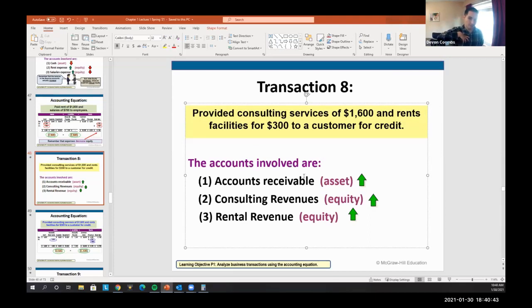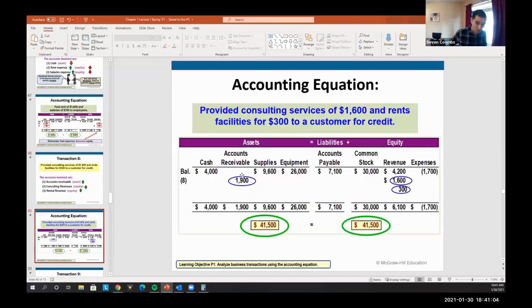We have a receivable. Receivables are expected to be collected within the year. Then we increase our revenues for both rental and consulting services. Why do we need to split them out? Because that's relevant information. I need to know if the business is making money predominantly through rental or through consulting. So accounts receivable goes up $1,900. We have a right to the cash, and our revenue goes up $1,900. Our accounting equation is still in balance. Always going to be in balance.